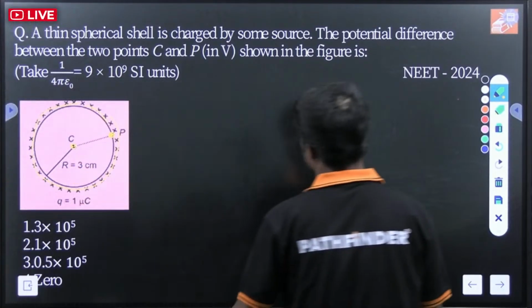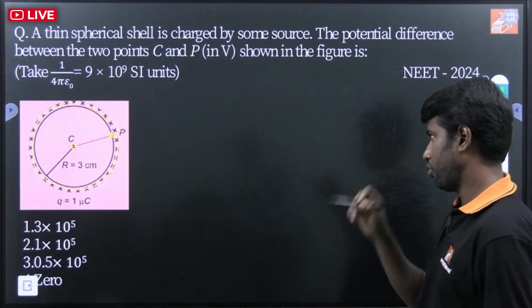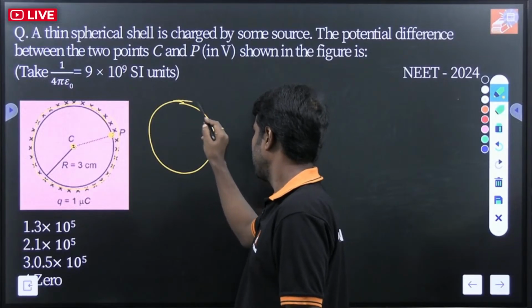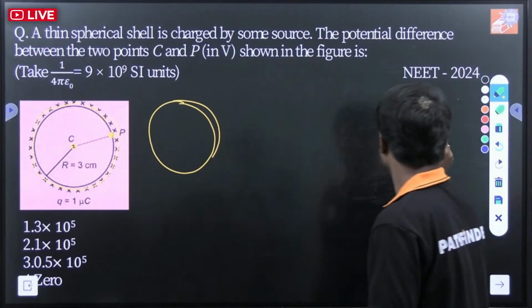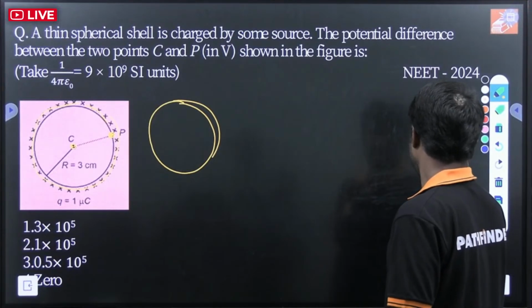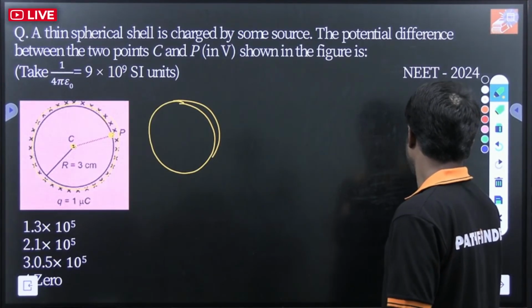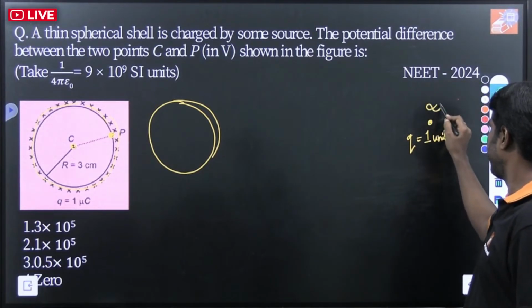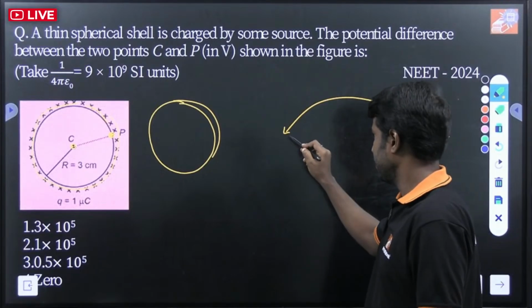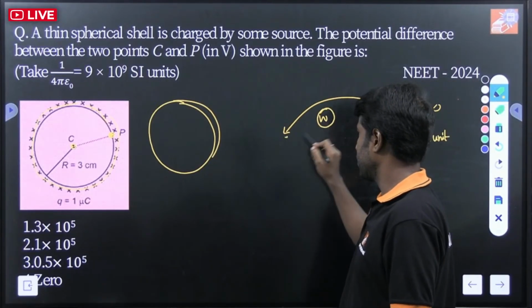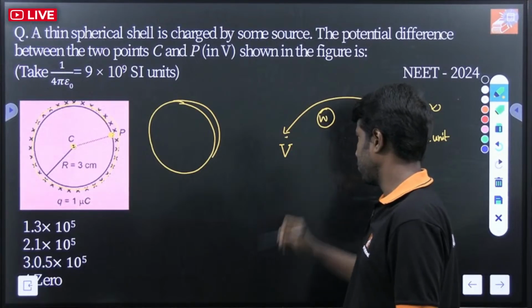So it is a very easy question. We know that for a shell or hollow sphere, if we bring a unit charge, Q equal to 1 unit, from infinity to a point, whatever work is done is equal to the potential at that point.